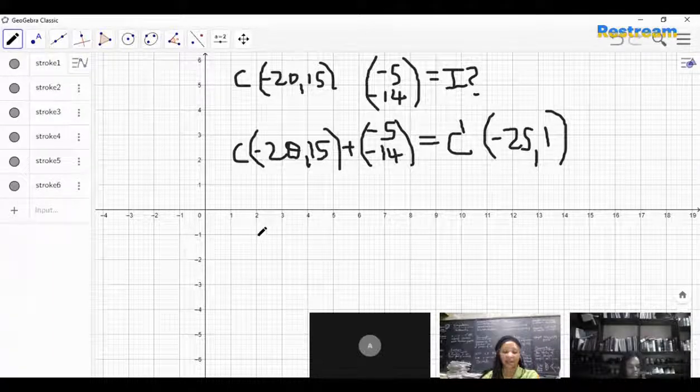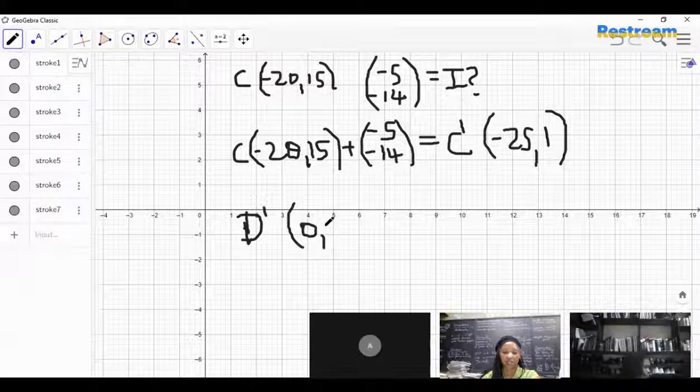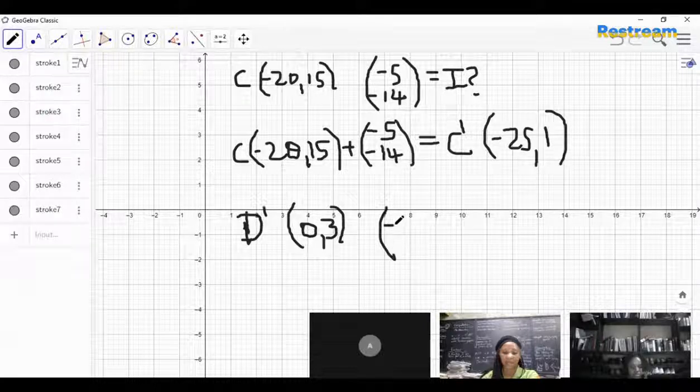So, Asar, suppose I have point D prime, and D prime is 0, -3. The vector that I use to get to D prime is -8, 13.